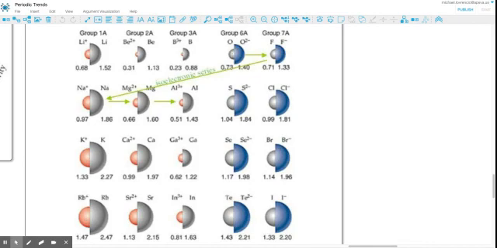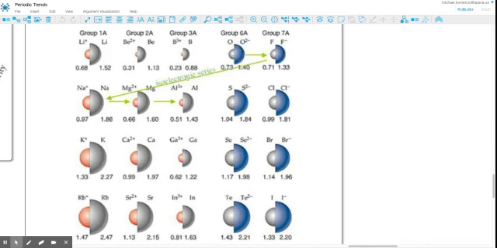Notice that for our nonmetals, the neutral atom in gray is smaller than the anion. Again, the nucleus is not changing, but now that nucleus has more electrons to hold on to. That means the attraction those new electrons feel for the nucleus is diminished, and they're not held on as tightly. And so the ion becomes larger than the neutral atom.